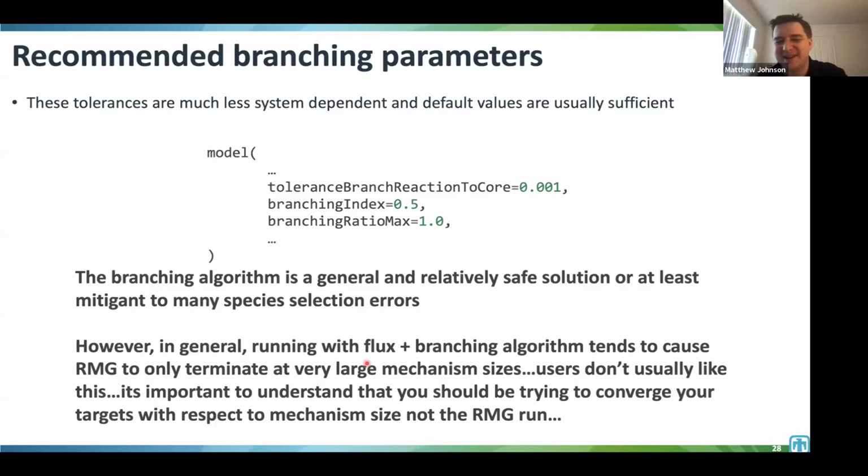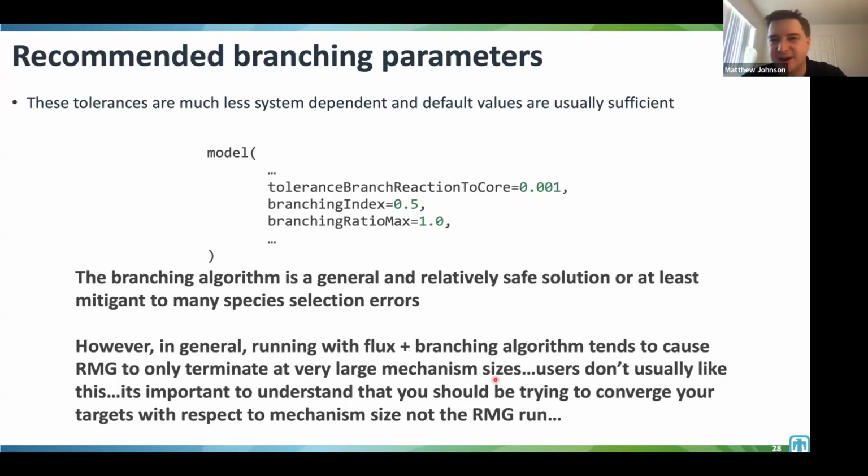However, in general, when you're running with it, it does tend to cause RMG to only terminate at large mechanism sizes, because when you're using it with the flux criterion in concert, they tend to pick up a whole lot of species. And users tend to not like this very much. It's important in this aspect, educationally, to understand that RMG's termination is not so physically meaningful.